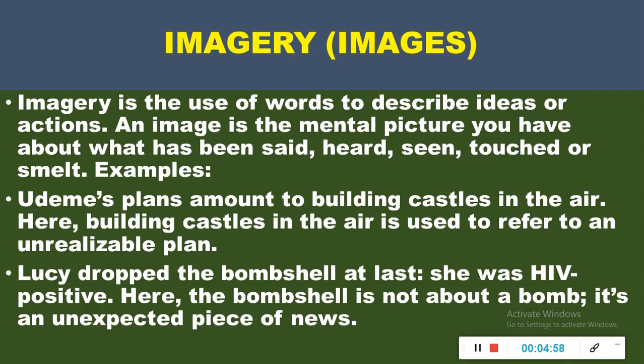But then when you say that someone is building castles in the air, you have a mental picture of someone trying to do the impossible, all right? Because when you build castles in the air, of course, where do you lay the foundation? And that actually gives you a picture of what is being referred to.